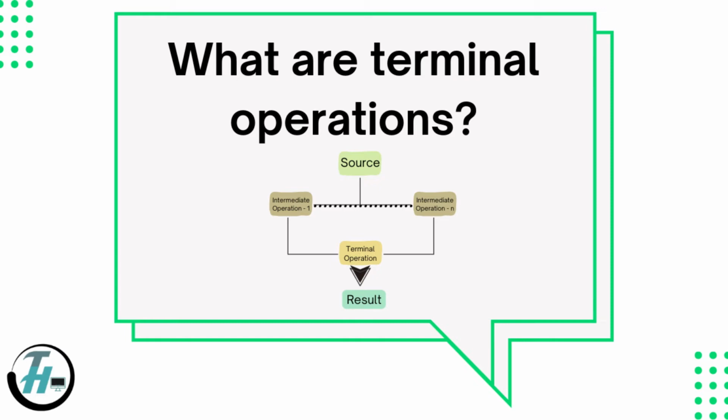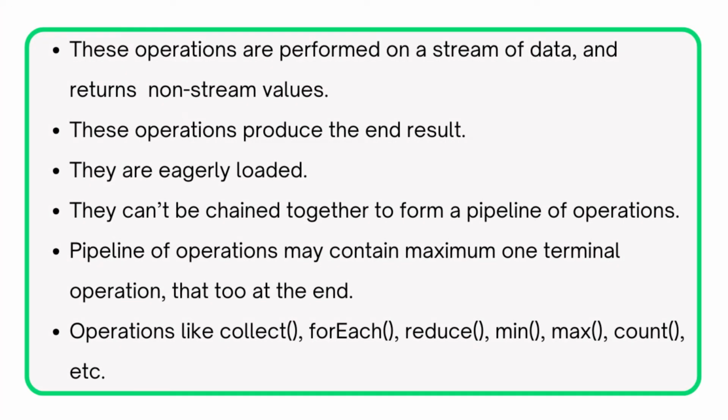What are terminal operations? Terminal operations are performed on a stream of data and return non-stream values. That is the reason why we cannot perform a chain of terminal operations. These operations produce the end result. They are eagerly loaded, which means they trigger the execution of the entire stream pipeline, that is, all the intermediate operations, and produce the end result.